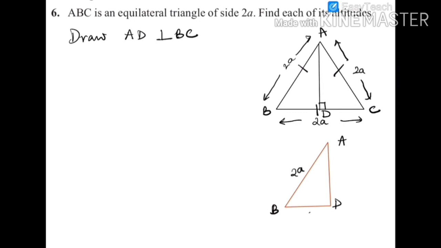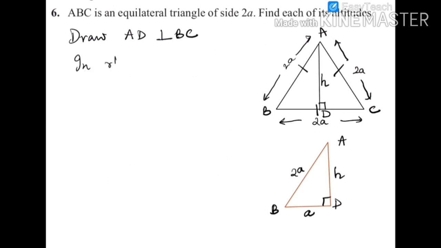BD is going to be A, half of BC, and AD is the height of this triangle or the altitude. So we have to find the length of altitude, which is h. Now we can use Pythagoras theorem for these three sides since they are the sides of right triangle.